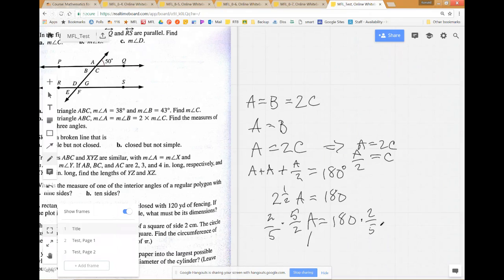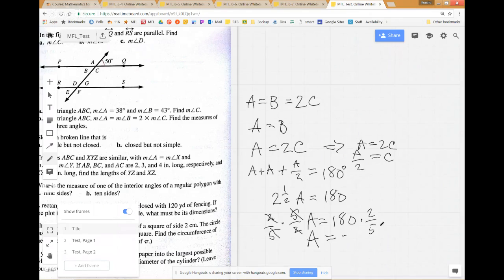And we've got A, because these all cancel, A equals 360 over 5. And 360 over 5 is 72 degrees.